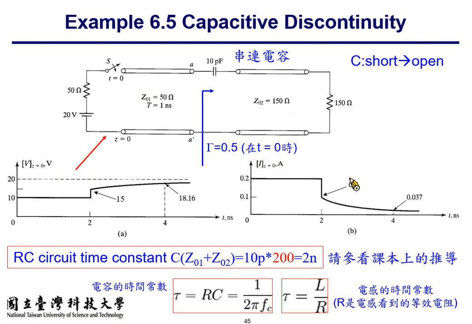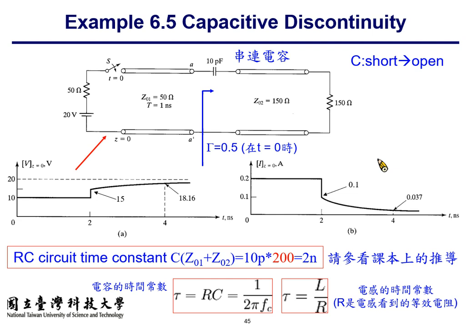All right. So let's check up another example. This example is a little bit interesting because the reactive load is placed as a discontinuity. So example 6.5 is the case of a capacitive discontinuity.